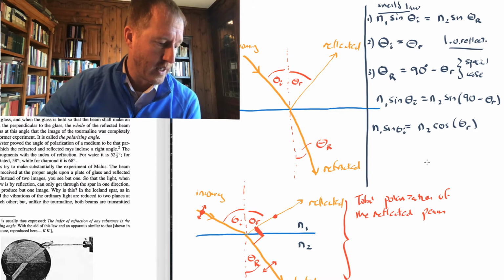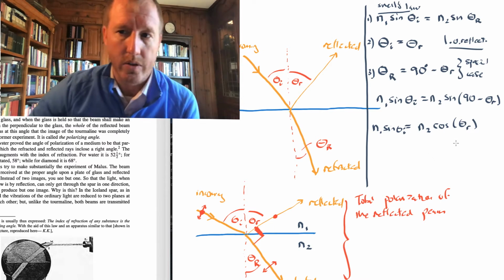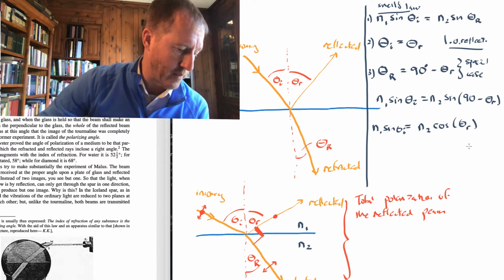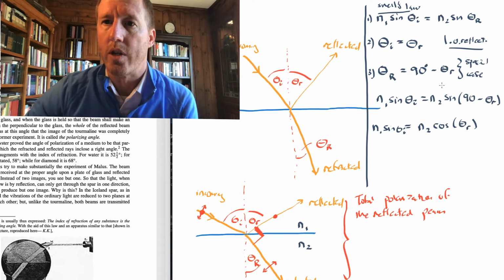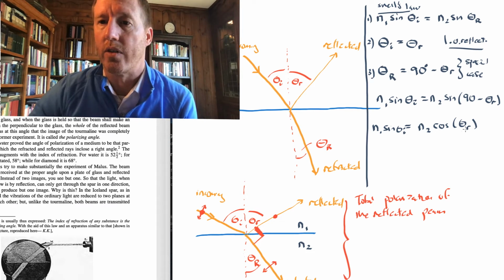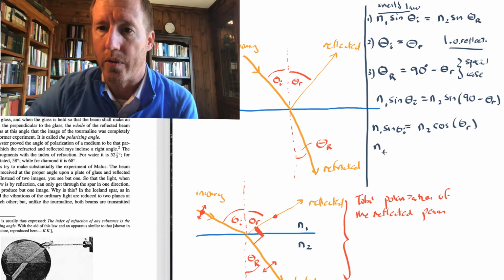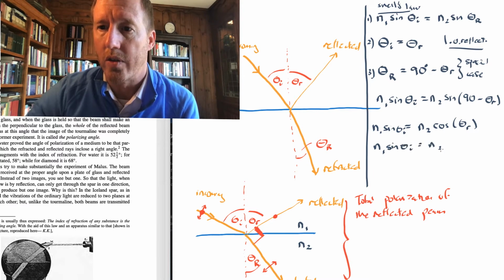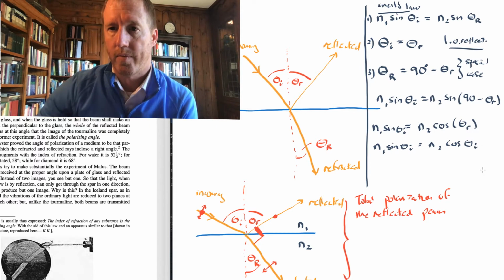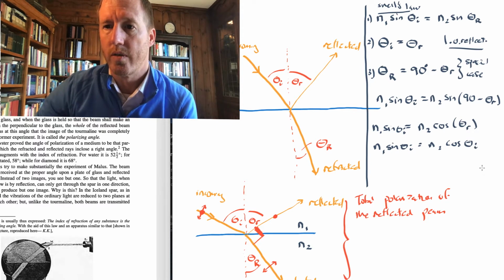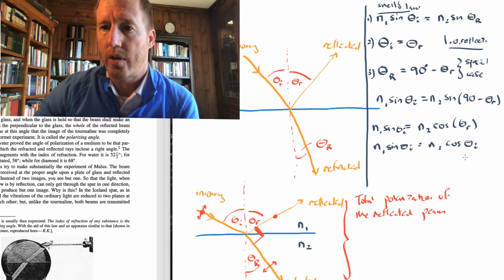Okay? And now what we can do is recognize, using equation 2, that the reflected angle is the same as the incidence angle. So in other words, n1 sine theta incident is equal to n2 cosine of theta incident. Okay, that's using equation 2. And now what I'm going to do is cross multiply.